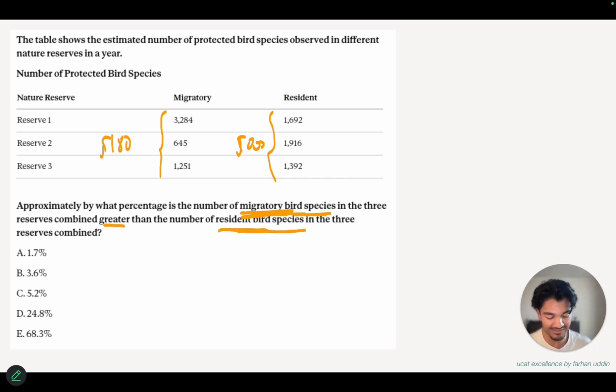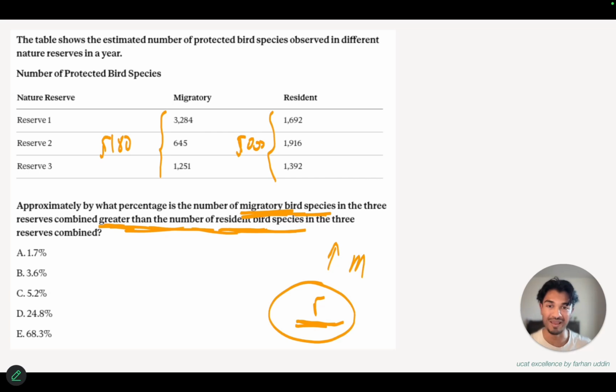So you see how when it says greater than the number of resident bird species, it's saying if we have the residents as the baseline here, by what percentage is the migratory bigger? So because the residents is pointed out to be our baseline in this case, then we have that as our old value, whereas this one ends up being our new value.